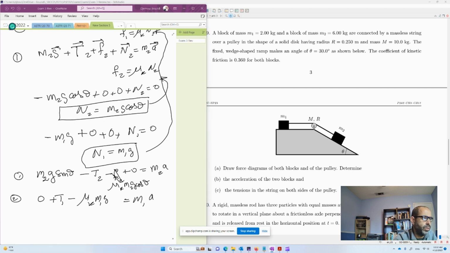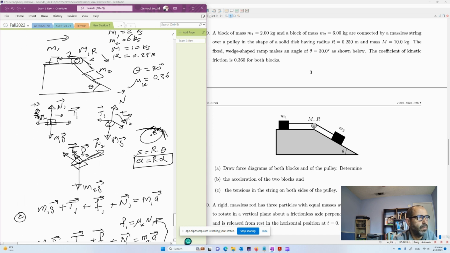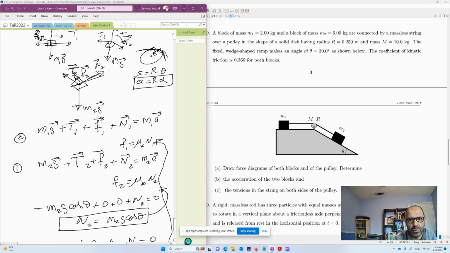Normally, the equation reads as the sum of the torques is equal to I alpha. So in order to project this in the direction where this side is positive, I'm going to take the direction of alpha. Alpha is clockwise. So I'm going to take that as a positive direction, which means that T2 has a positive torque, whereas T1 has a negative torque. That's the only thing.